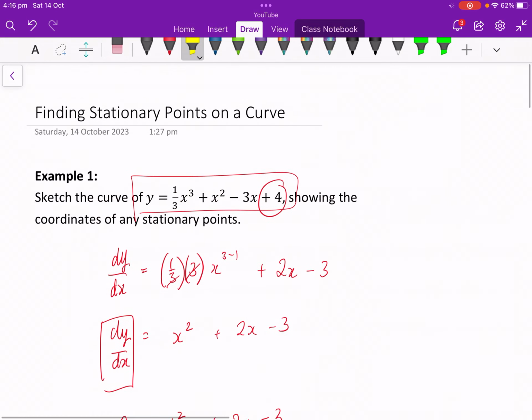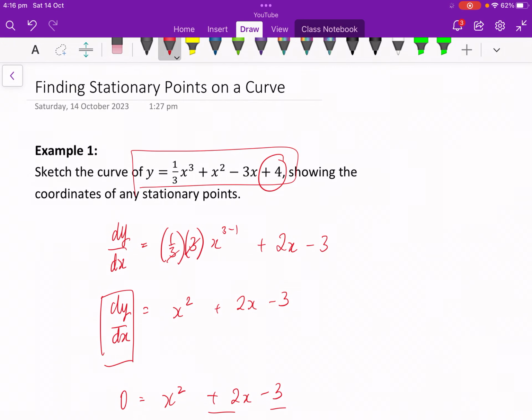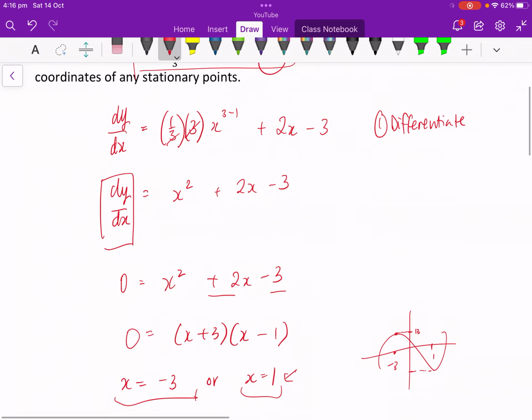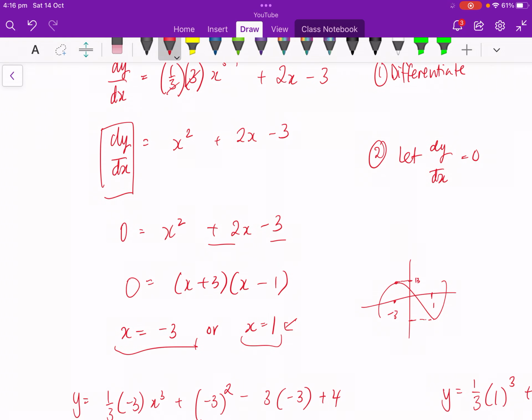So just to summarize back again, let's start at the beginning. What we did first was to differentiate. The next thing we had to do was to then let dy/dx equal 0. Oh, my writing is a bit messy there. Let me just fix that. Not happy with that one. From there, we solve for x.